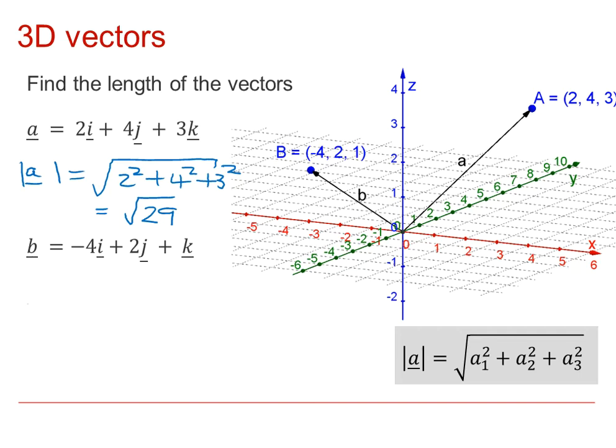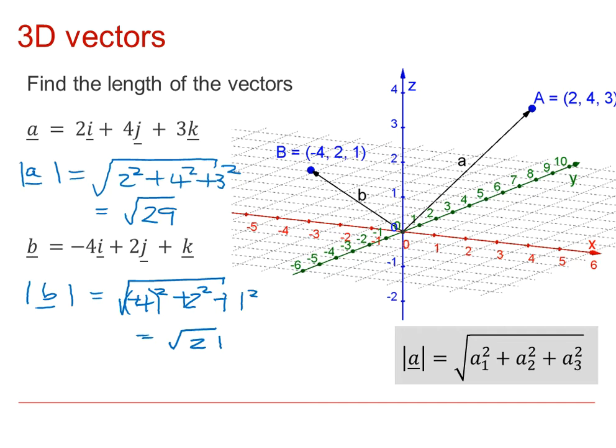And the magnitude of B, where B is minus 4i plus 2j plus k, will be the square root of 4 squared plus 2 squared plus 1 squared, or the square root of 21. Strictly speaking, this would have been minus 4 squared, which is obviously the same value of 16.